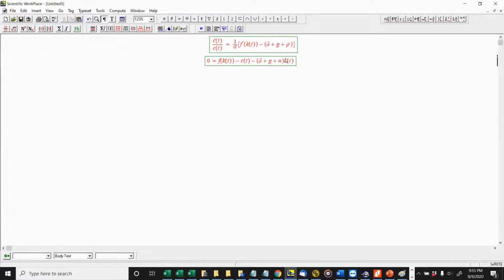Therefore, if we rearrange this equation, the C that makes this equation hold for any given K is going to also go up and then down. And so what we're going to do now is look at precisely that graph and see what that tells us about this economy.